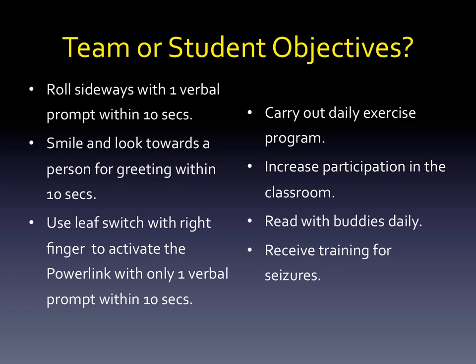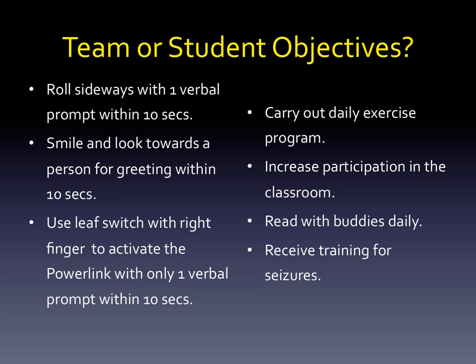So maybe we can get 1 or 2 people just to throw something out on the chat box that you think is more of the student's team's objective as opposed to something that would really be for the student. Receive training for seizures, excellent. Yes, carry out daily exercise programs, excellent.